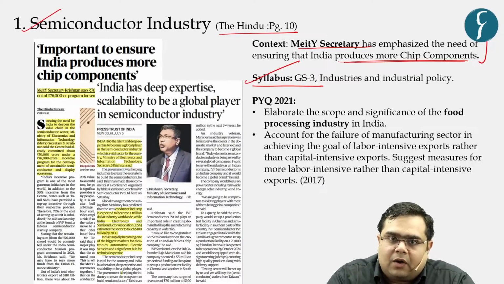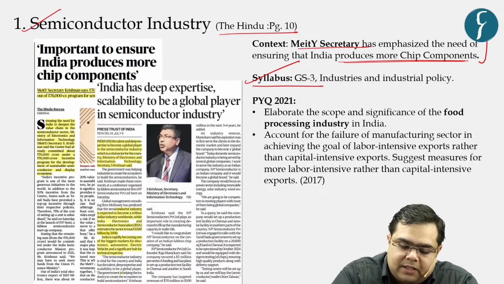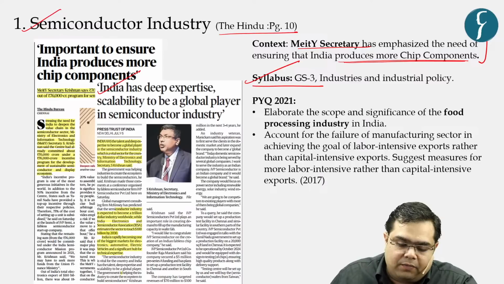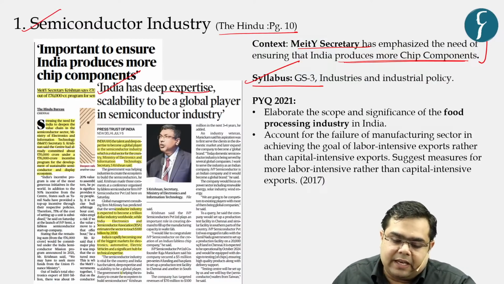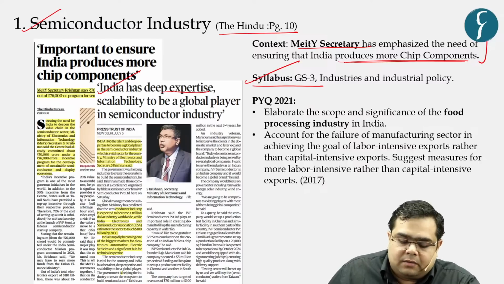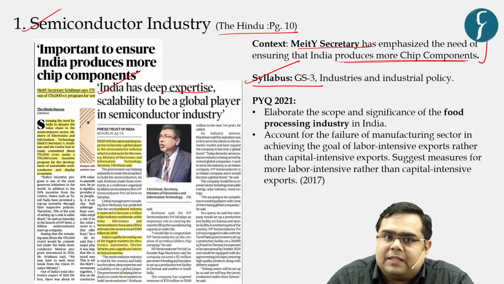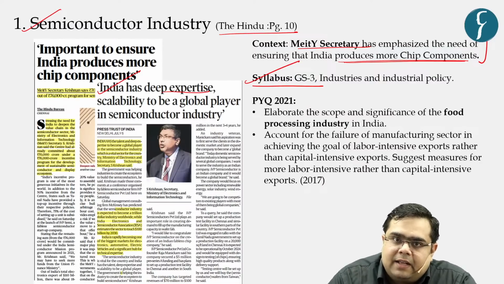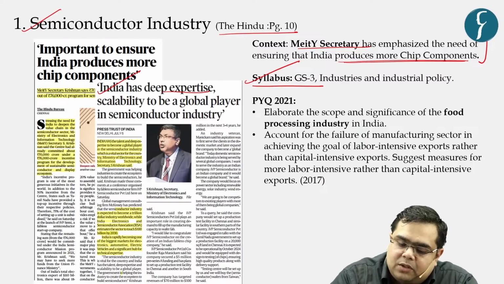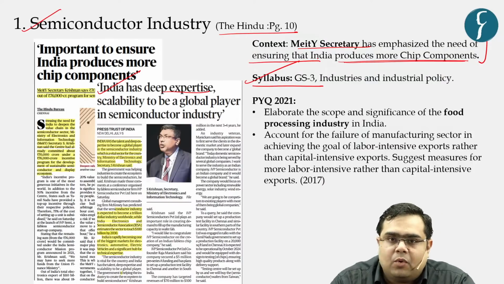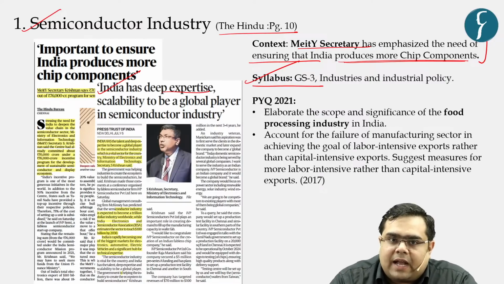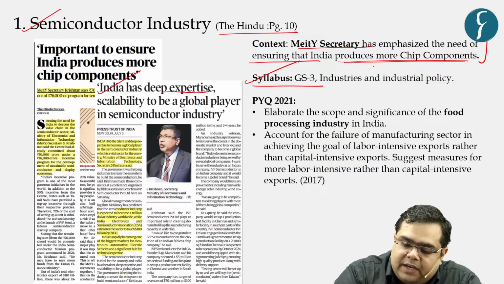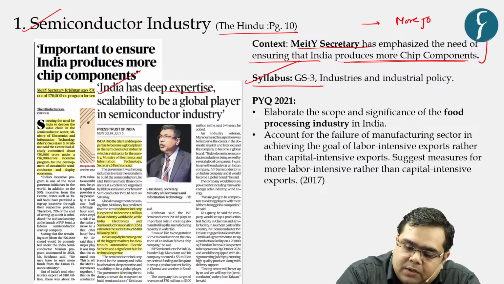So the context of the first article is that recently the Secretary of MeitY has said that India has deep expertise to scale the chip industry and become a global player in the semiconductor industry, and has also emphasized the need of ensuring that India produces more and more chip components. The end for which we are aiming is directly linked to the generation of more and more jobs.